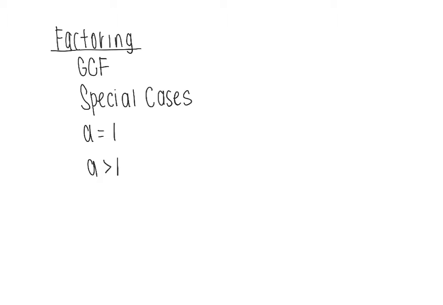Now, here's the thing. Special cases can fall within A equals 1 or A is greater than 1. You don't have to use special cases. It's almost a trick that's helpful. But you could always use the A equals 1 or A is greater than 1 topics.